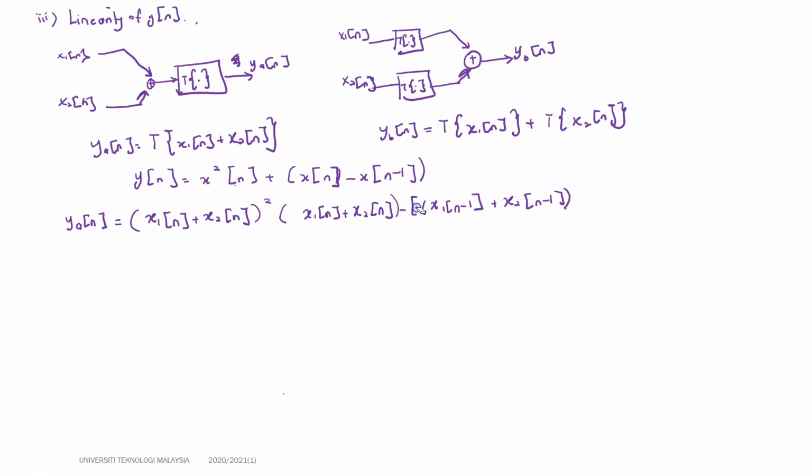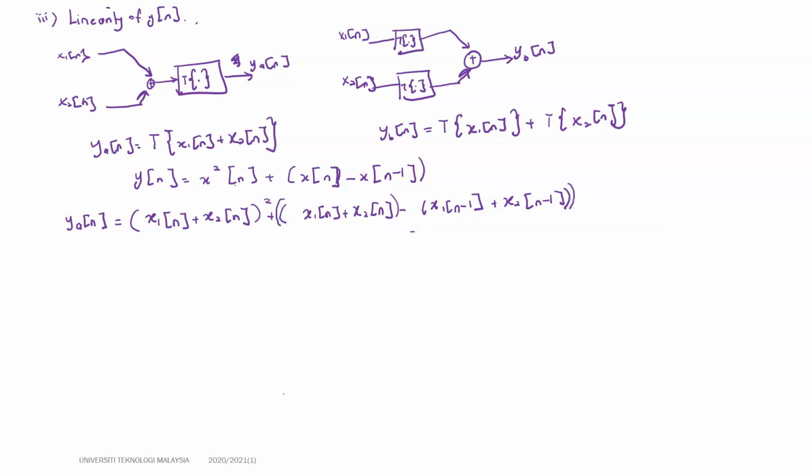You actually add together x1 and x2 first, then only you perform the square. And here you add x1 and x2 n minus 1 together, and then only you perform the minus. It means that after you add these two signals together, then only you perform this xn minus xn minus 1. So it should be a plus here. This should be in the overall bracket.